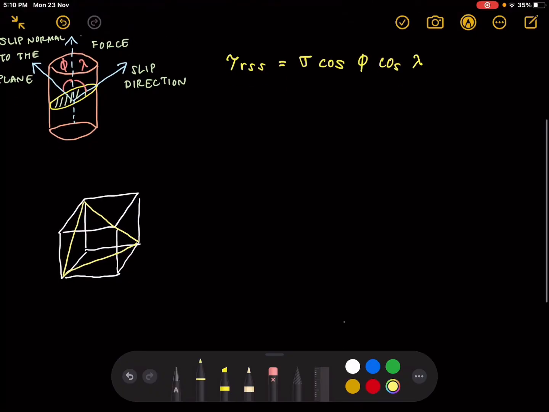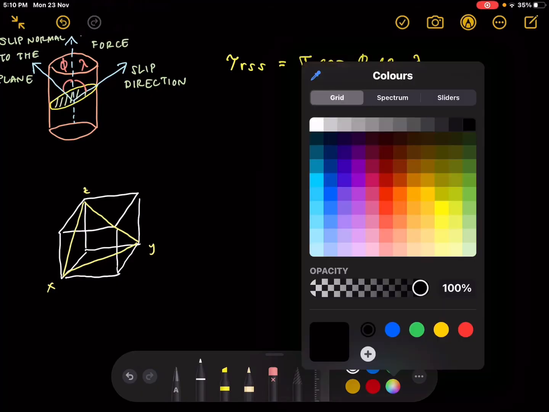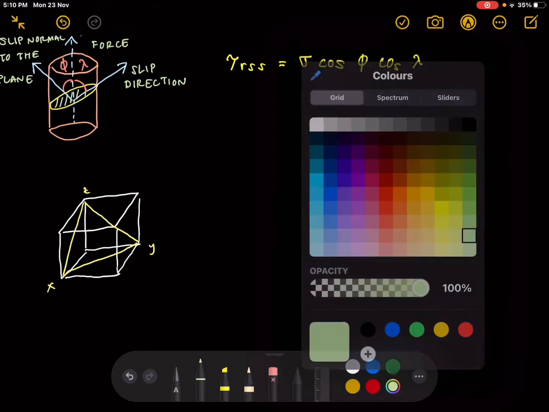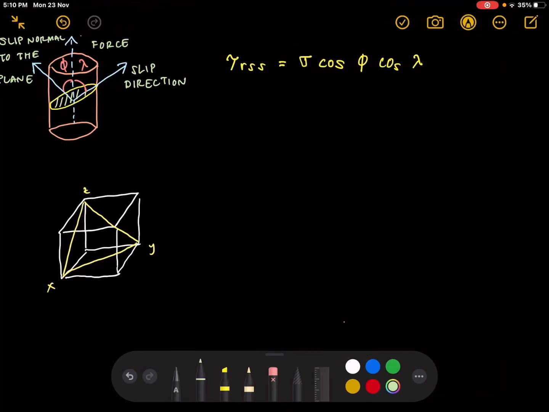So this is X and Y and Z. Here we have the direction of stress at the [001] direction.